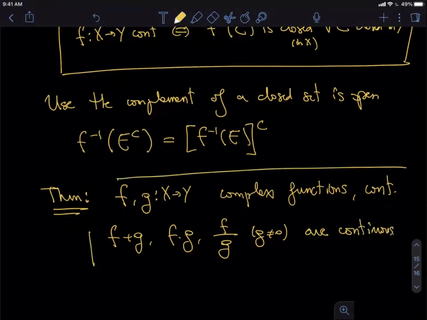This is also something that can be proved using the definition. I leave it as an exercise.